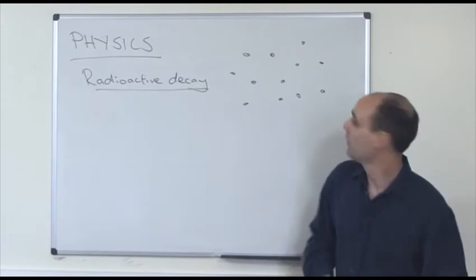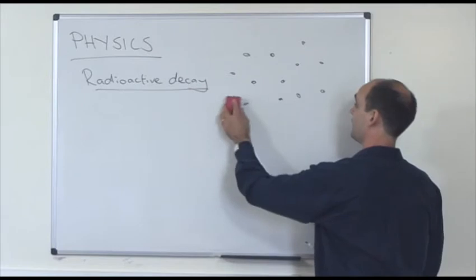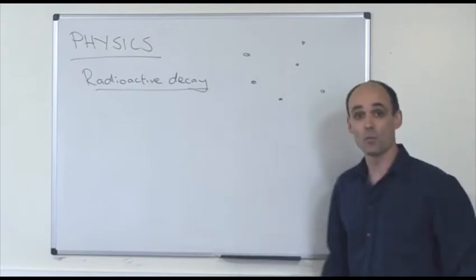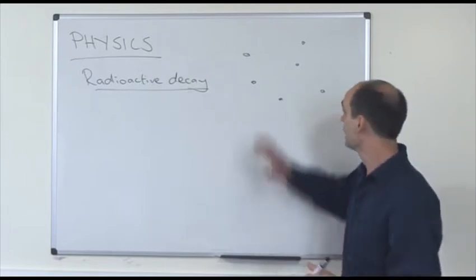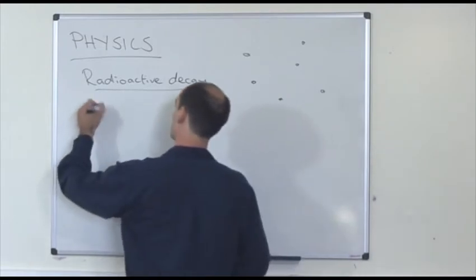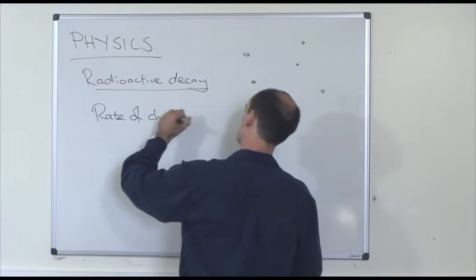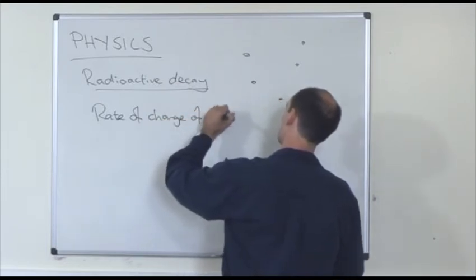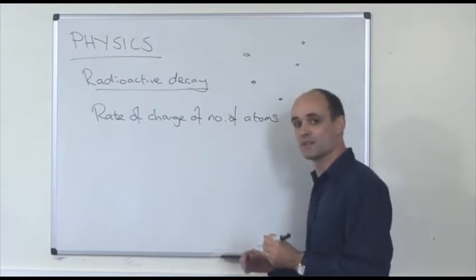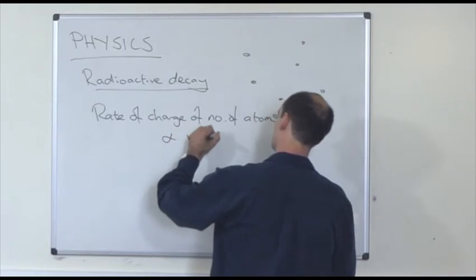And they decay into another state. So basically, they disappear one by one in a random way. And the rate of change of the number of atoms is proportional to the number of atoms.